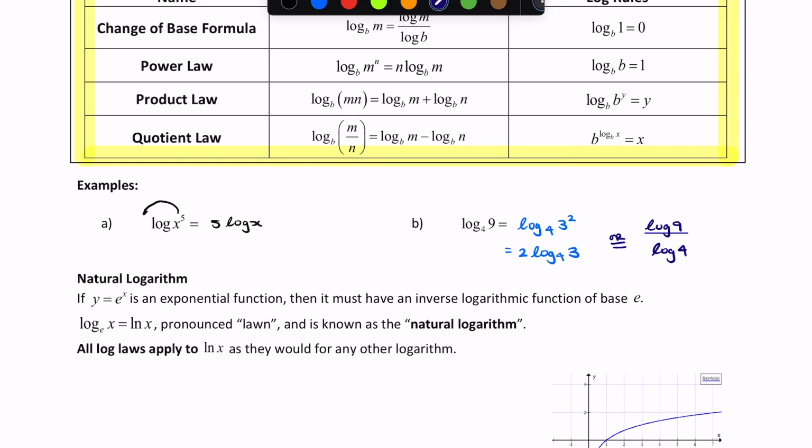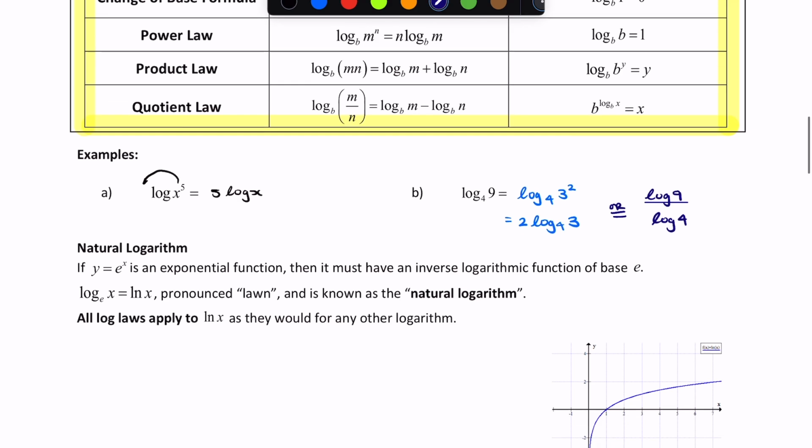The natural logarithm. Again here, if y is equal to e to the power x is an exponential function, then we must have an inverse logarithmic function of base e. So log base e of x is equal to ln x, pronounced as ln x, and known as the natural logarithm.